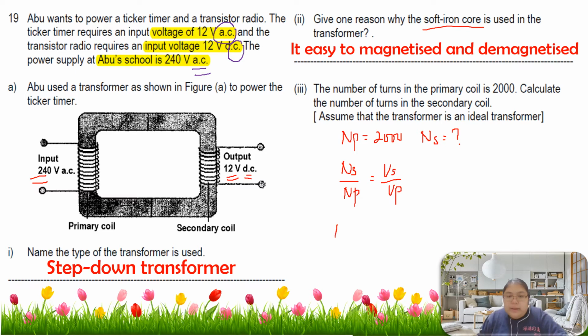VS is how many? 12. Okay, VP is 240. NP is 2000. So finally we get the answer for NS is 100 turns. Okay, this one is the answer, 100 turns.